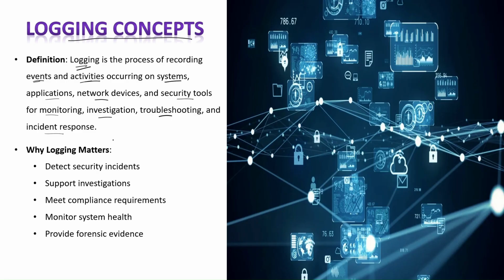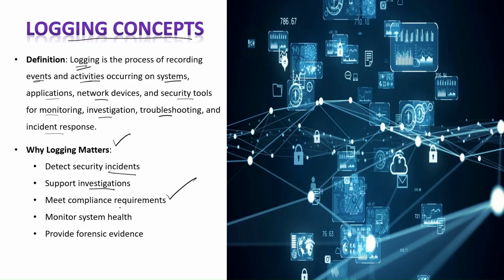Why do they matter? Logging matters to detect security incidents. From these logs, we can detect that something fishy or some security incident is happening. They support investigation. When an incident occurs, we need to investigate it. Sometimes there are criminal investigations, and for these investigations, the logs are very important.